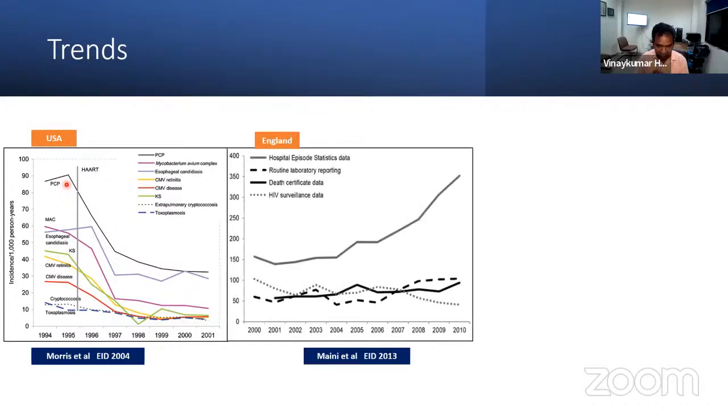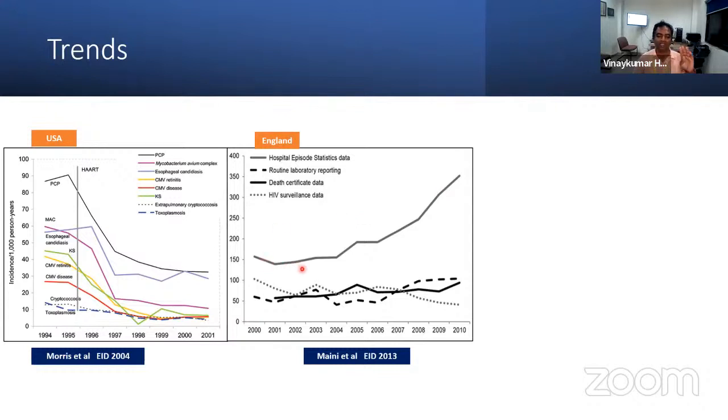HIV/AIDS. Right. So how is the data in non-HIV patients? This is the trend of pneumocystis pneumonia in England, where you can see this line that shows the data of hospitalized patients with pneumocystis pneumonia, and these are the patients who do not have HIV.